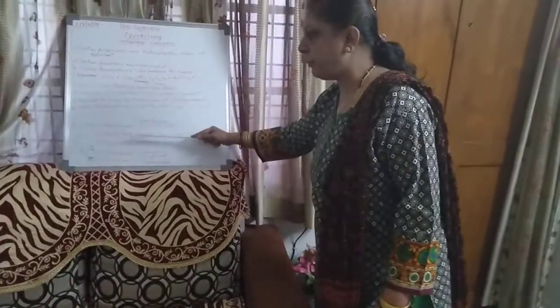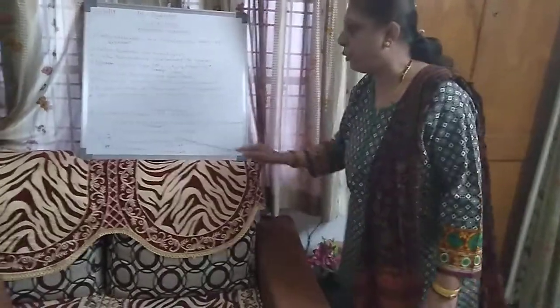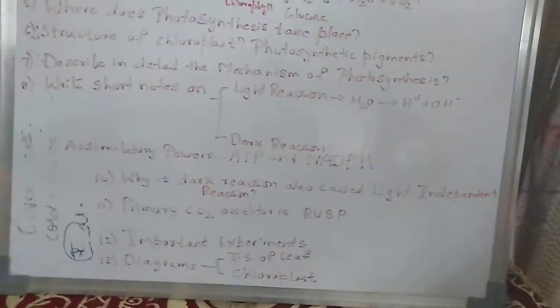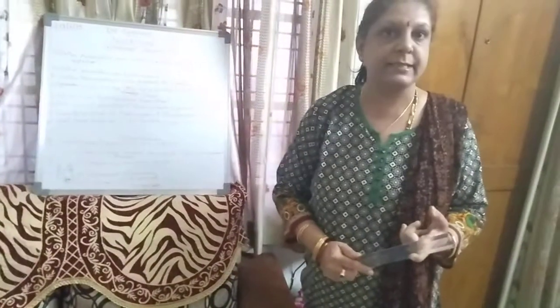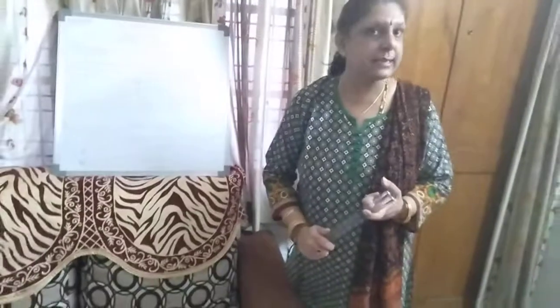Apart from these important concepts, we have to know what are the important experiments that you have to cover. The important experiments that you have to cover are: oxygen is evolved during photosynthesis. Carbon dioxide is necessary for the process of photosynthesis.